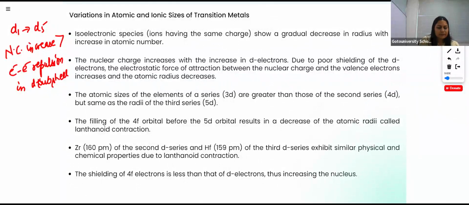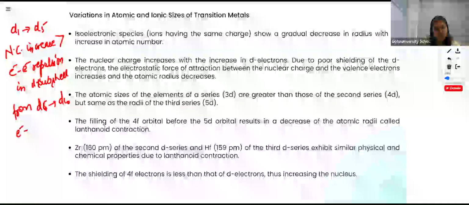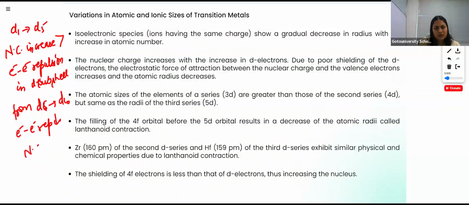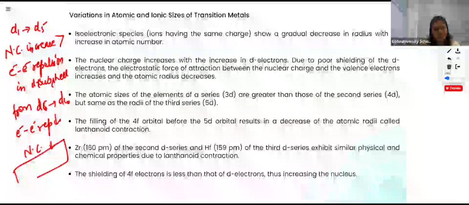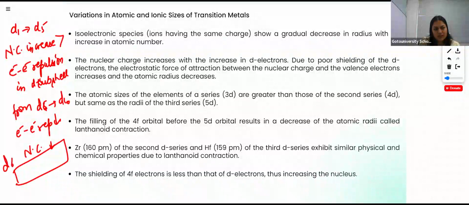But from d5 onwards, or say from d6 to d10, the electron repulsion will start decreasing. That means the nuclear charge will also decrease. Why? Because the electrons after d5 will start pairing like this.